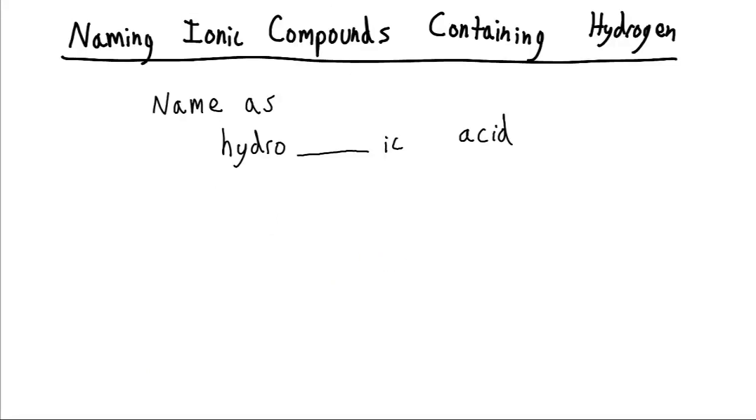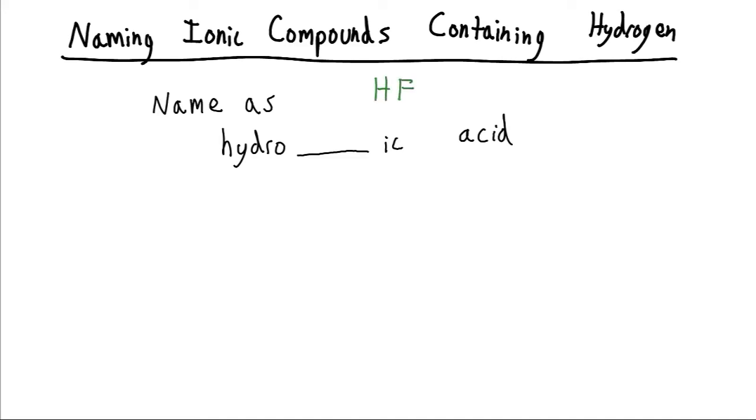There's also a special naming convention if we have ionic compounds which contain hydrogen as one of the ions. These are actually acids, and so we name them as hydro, then the root of whatever the anion is, ic, and acid. So for instance, say that we have HF.